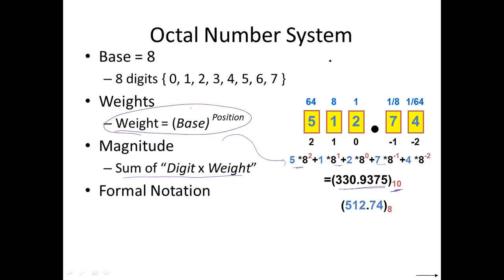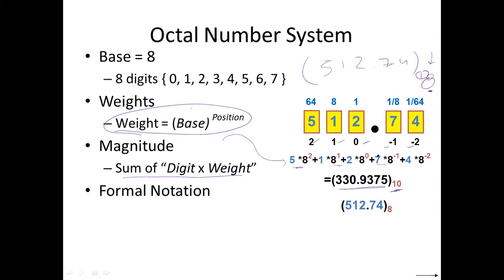Okay, so suppose 512.74, you have to write it in this way. In brackets, outside the bracket, you have to add the subscript, that is the base of the system. So for the octal number system, the base is 8, so you have to add the subscript 8. So 512.74 is given in the octal number system, and this is position 0, this is position 1, this is position 2, this is -1, this is -2.